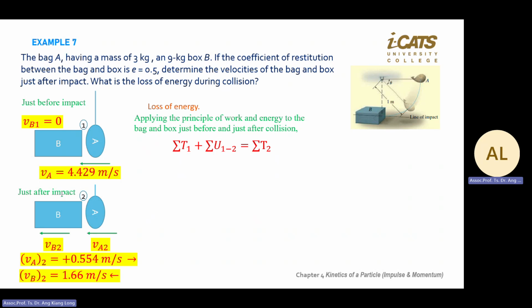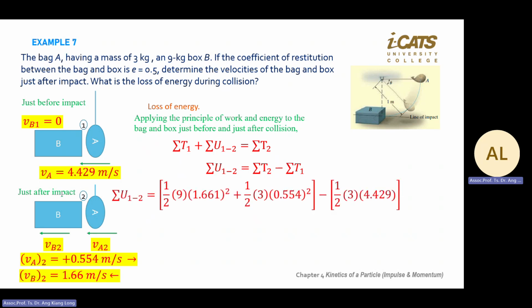Energy plus work equal to energy after. You use the principle of work and energy to solve. So recall this is the chapter 3 equation. Energy plus work equal to energy after. So you just substitute.